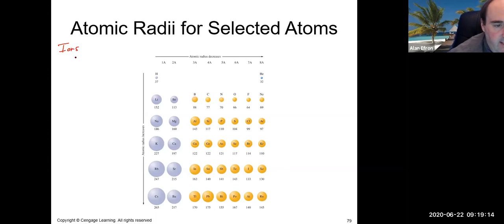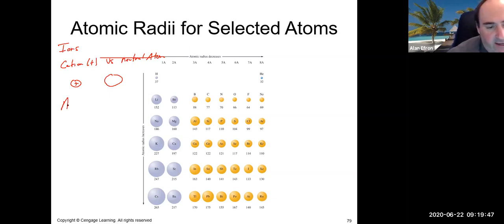If we have a cation, which is positively charged, versus a neutral atom, when it loses electrons, typically the cation will become smaller than the neutral atom. It lost a lot of its electron density around the outside, so the whole atom just shrinks as it loses those electrons.